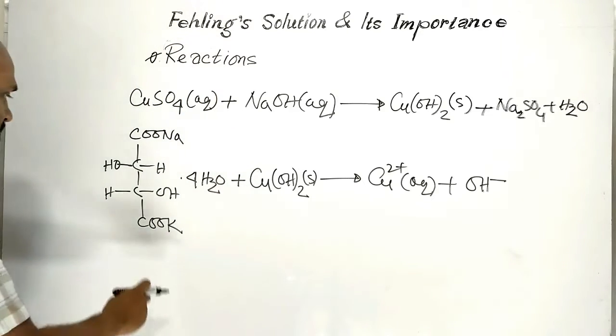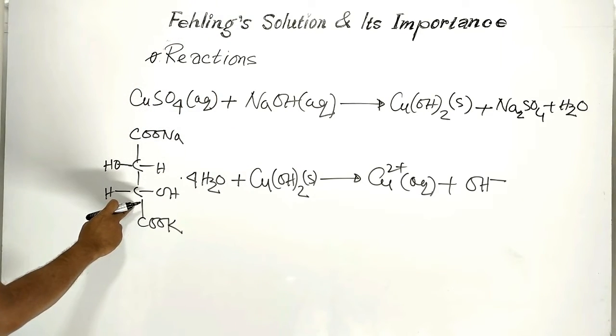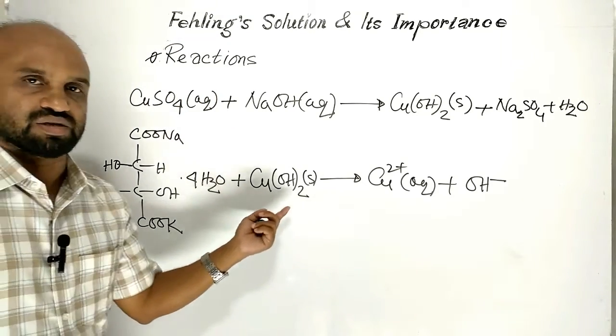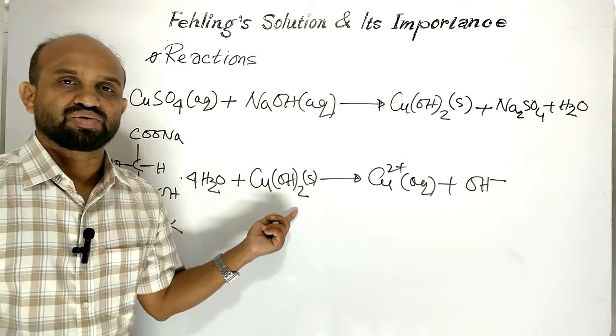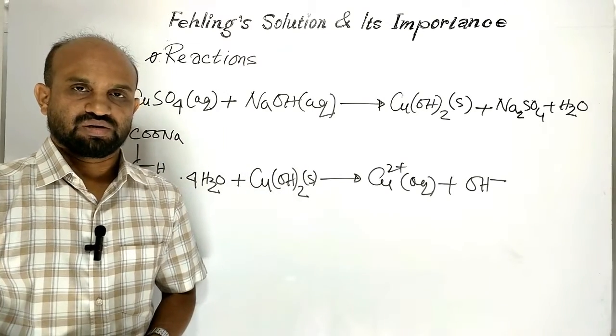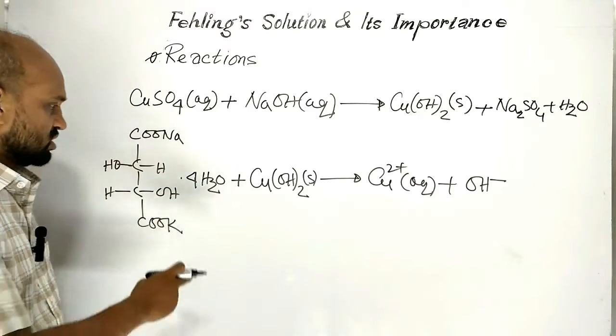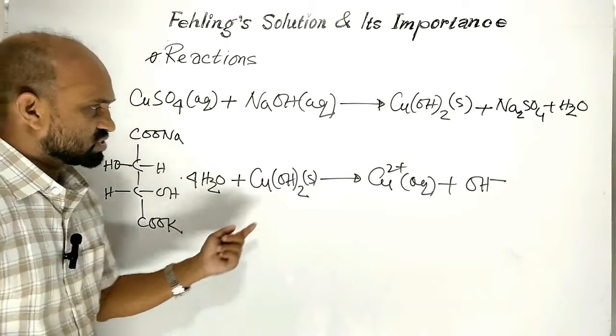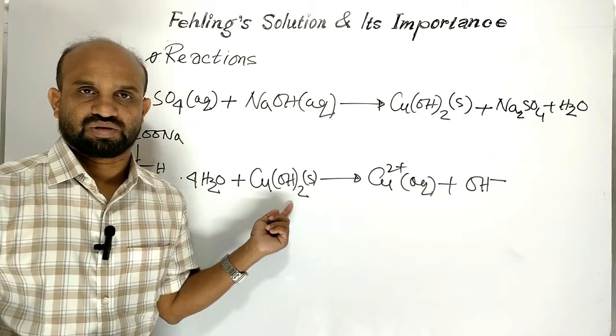Here, Rochelle salt acts as chelating agent that binds to copper 2 plus ion, and in this way Rochelle salt dissolves copper hydroxide in the solution.